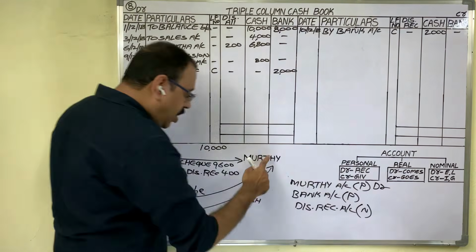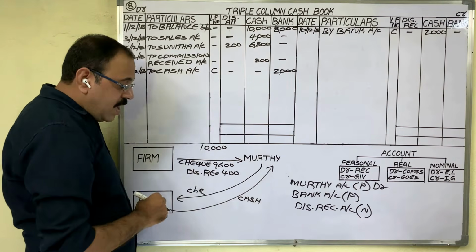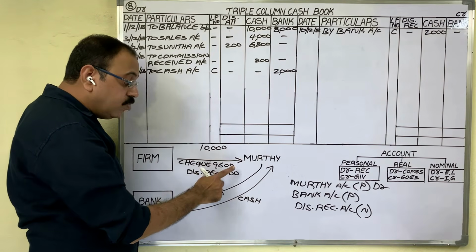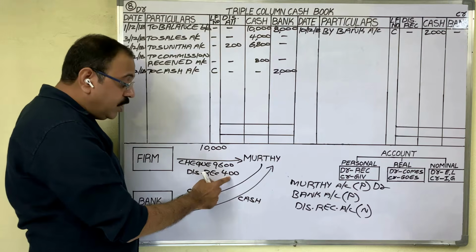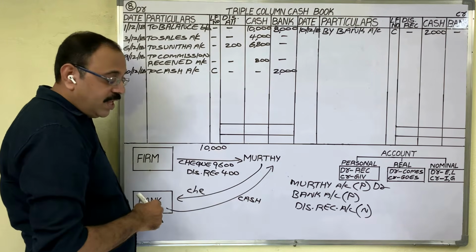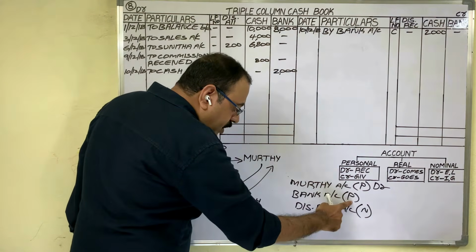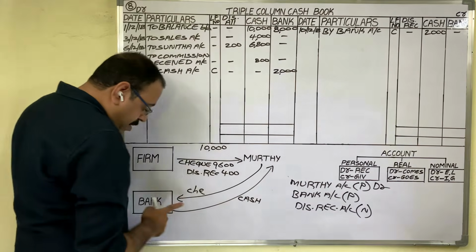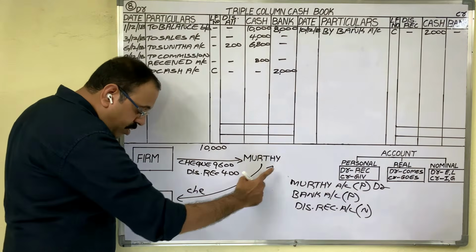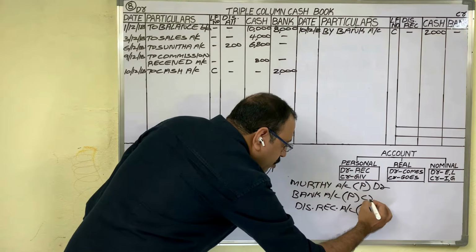He is giving a discount of 400 rupees, but he is not treated as a giver. As 9,600 is more than 400, we give priority to this 9,600 rupees only. Murthy is a receiver, debit him. Bank account is a personal account. Bank is giving cash, no? Bank is a giver. Credit bank account.